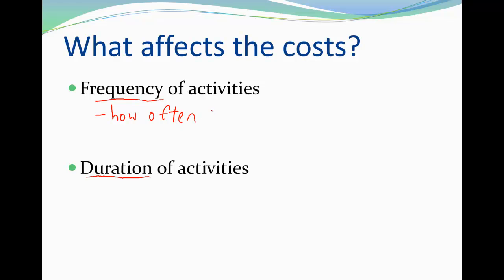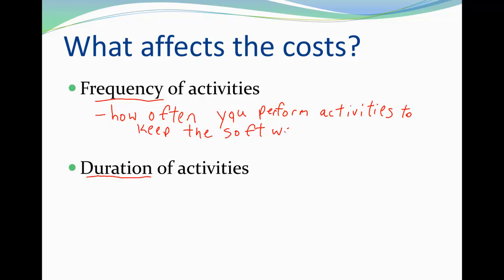So when we talk about costs, we want to categorize those costs based upon these two things: frequency, so how often you perform activities, and activities being activities to keep the software operational. And duration is basically how long it takes.